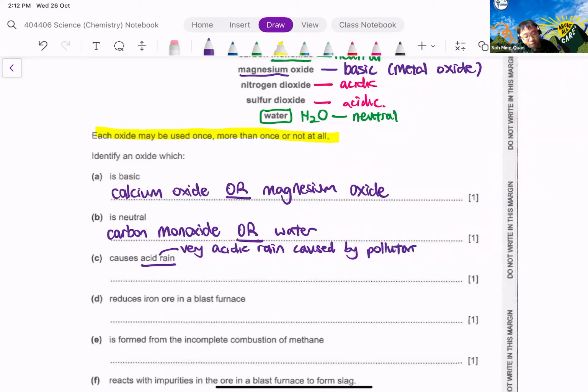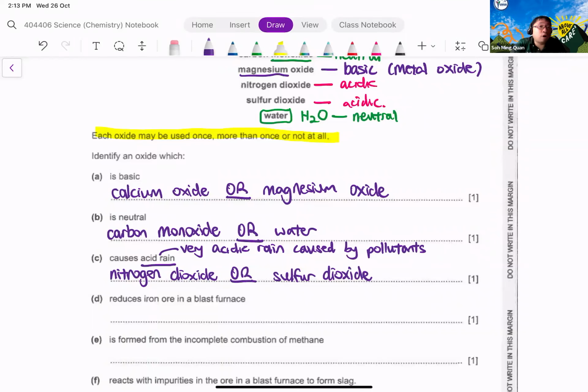Okay, pollutants or pollution. Carbon dioxide is naturally occurring. So carbon dioxide will not cause acid rain, all right? The one that causes acid rain is actually the nitrogen dioxide and sulfur dioxide. But in this case, because they only want one answer, just give either one of the two answers.